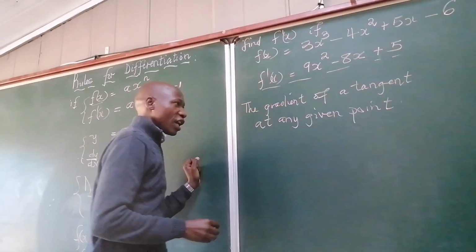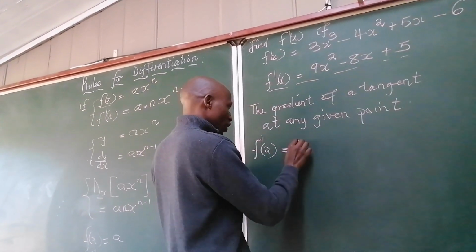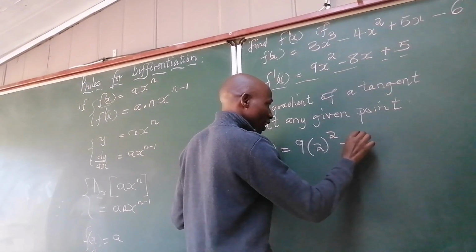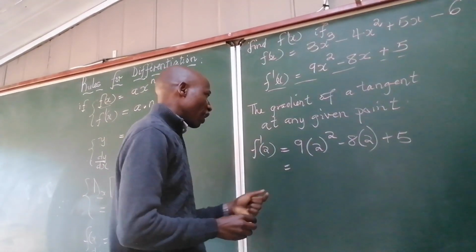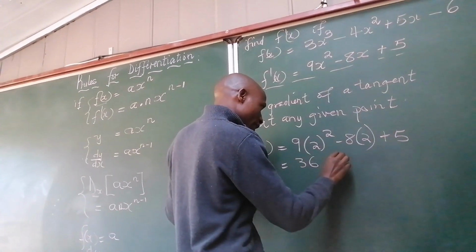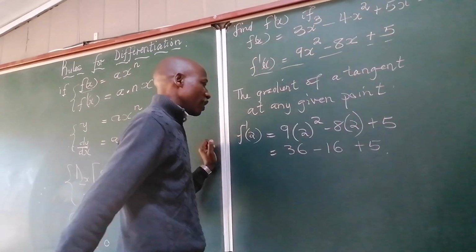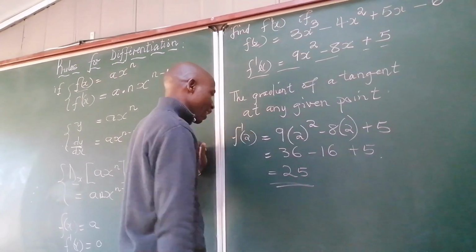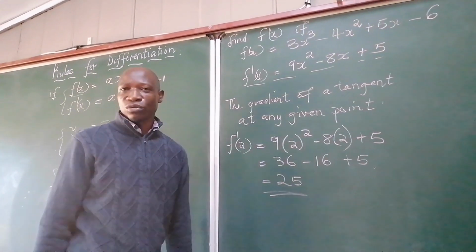For instance, if we are to evaluate f prime of 2, it will be equal to 9 brackets, we substitute our 2 squared, minus 8 multiplied by 2, and then plus 5, which will be equal to 2 to the power 2, that is 4 times 9, that is 36, minus 16, and then plus 5. 36 minus 16 gives us 20, and then plus 5, we get 25. Therefore, the gradient of the curve at the point where x is equal to 2 will be equal to 25.